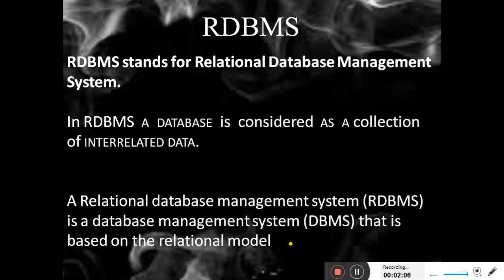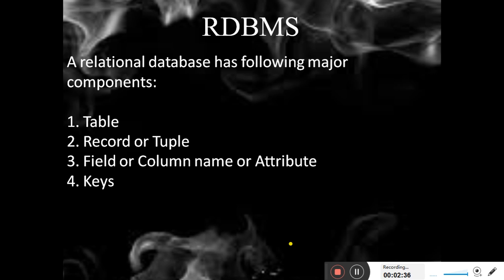So what do you mean by RDBMS? In one relational database management system you can store multiple tables which are related to each other. There is a relationship between the tables, that's why it is called Relational Database Management System. In these related tables you can store the data which are interrelated with each other. I hope you have understood this concept of RDBMS.